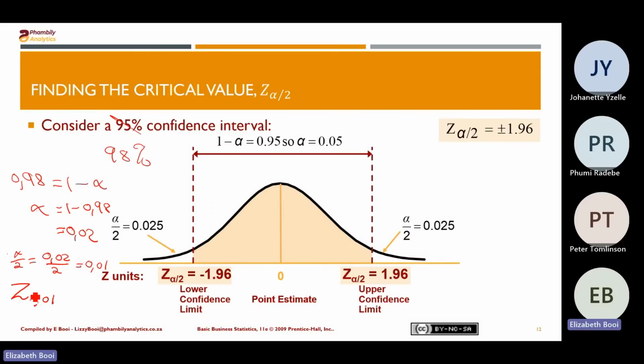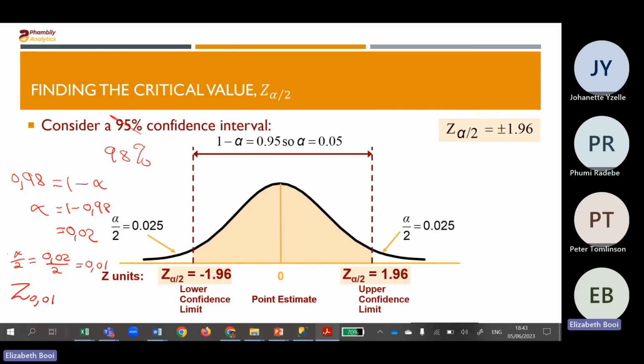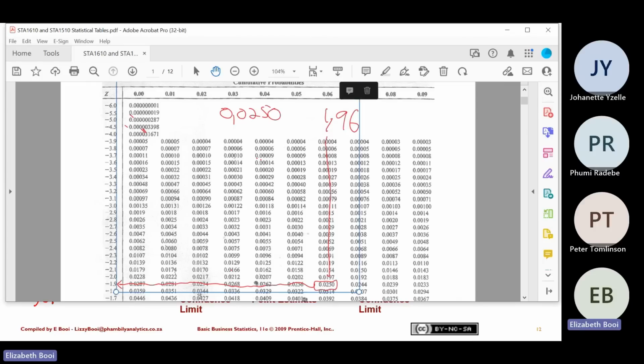So our critical value will be 0,01. It means we're going to go inside the table and look for 0,01.